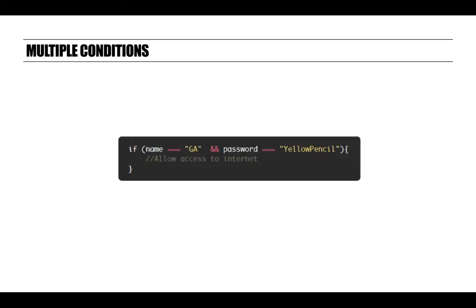So in this case, I'm going to search for name GA. So I'm going to retrieve a user with name equal to GA. And then once I get that user, then I'm going to be able to compare their passwords. That's usually how it goes.